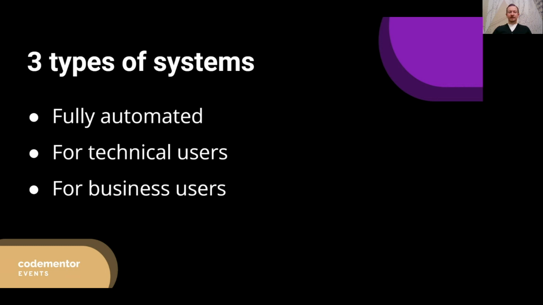And it can be a system for business users. For example, in some companies, price changes are made not by analysts like in Avito, but by, for example, category managers, business managers.